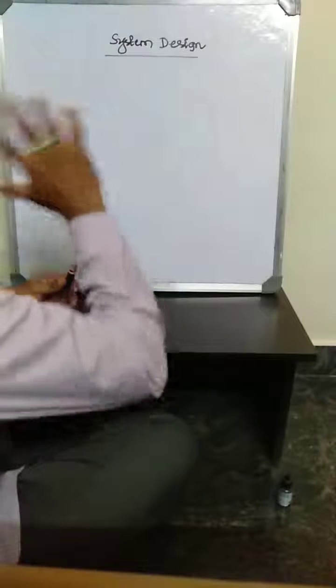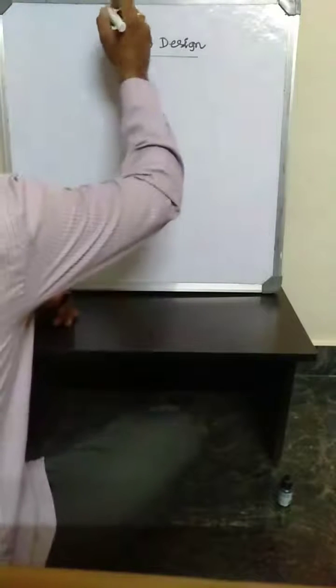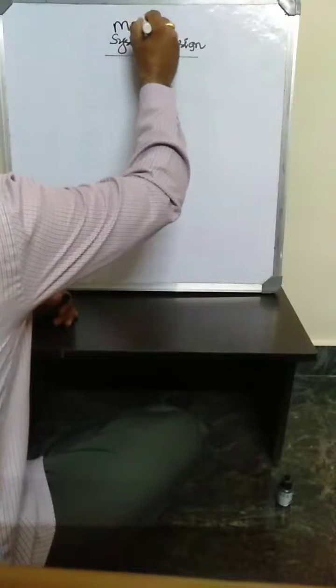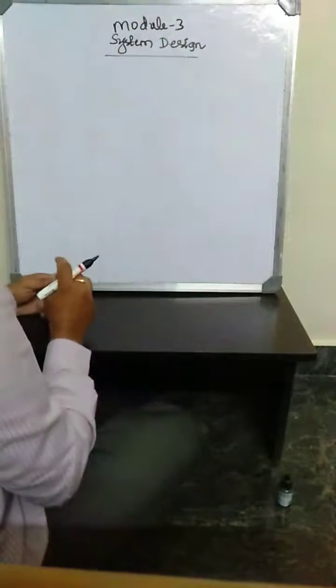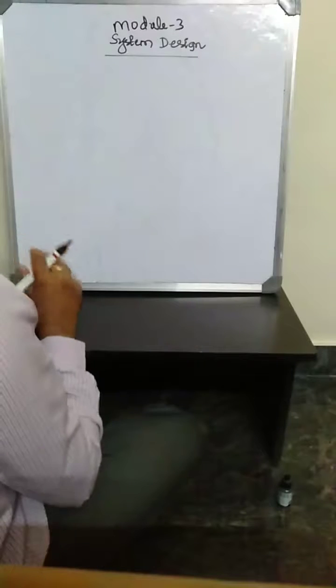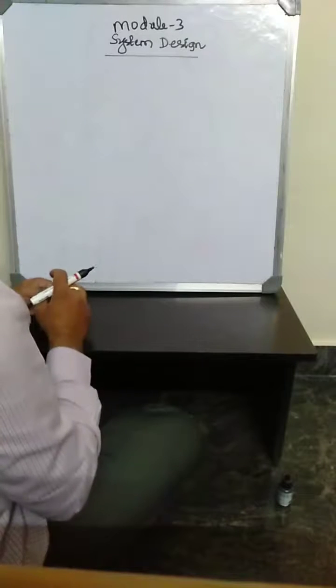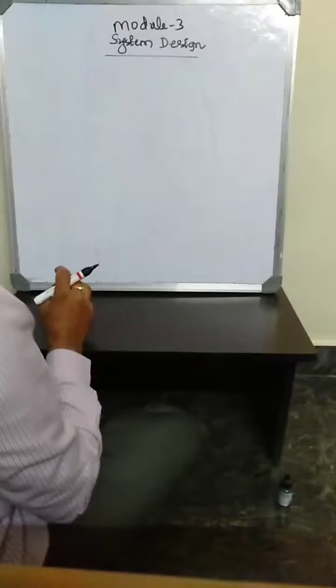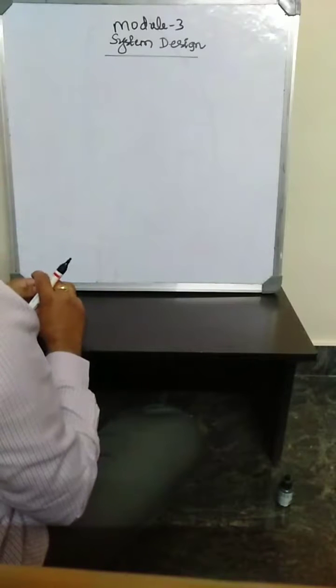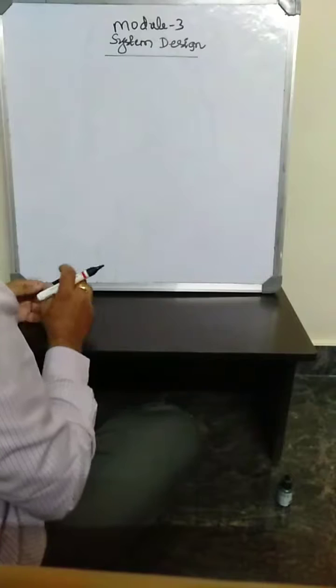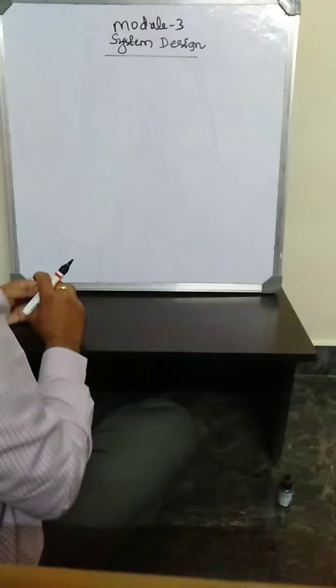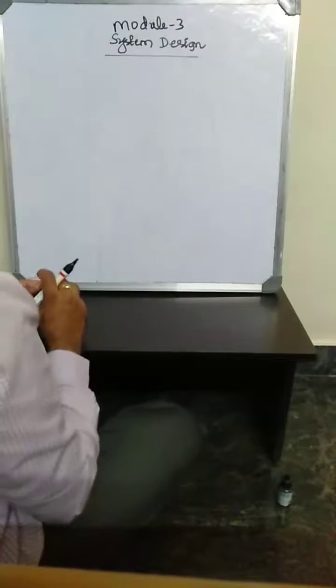So in this module, which we will call module 3, we will concentrate more on design aspects, how exactly we can design a system. That module we call system design. Basically, you should understand what exactly system design is.